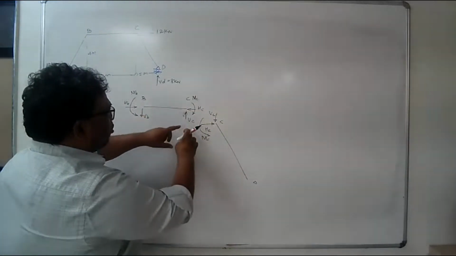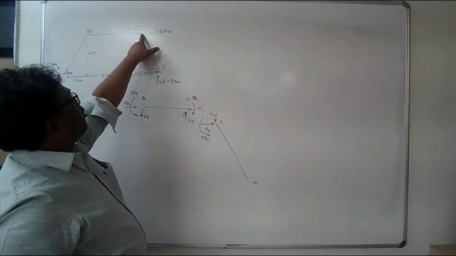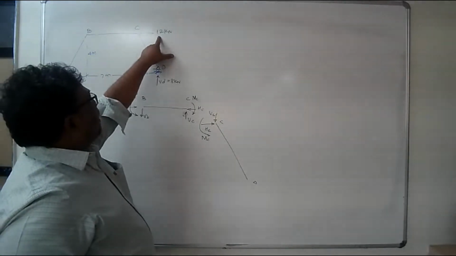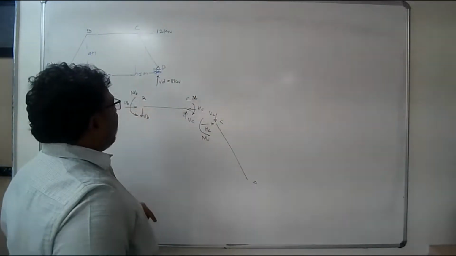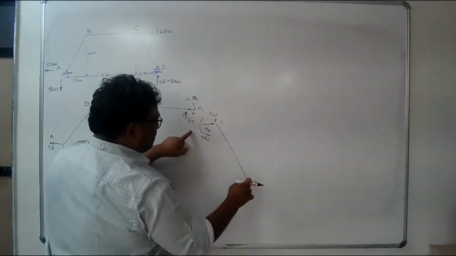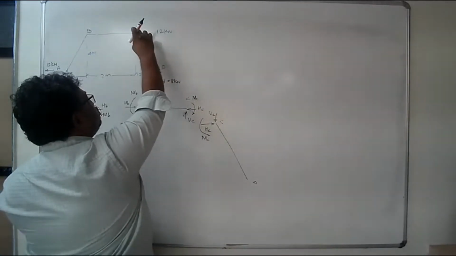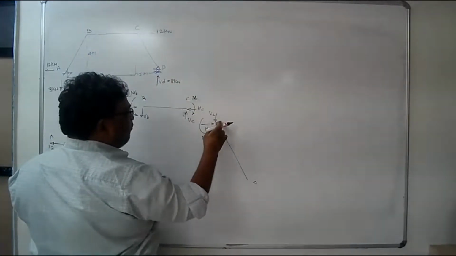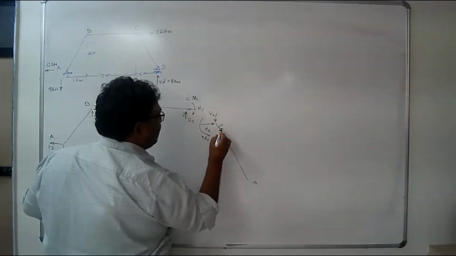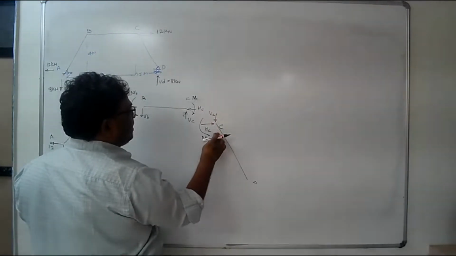When I join the two, these internal forces will balance each other, but there is an external force also acting at the joint. If this 12 kilonewton is acting at this joint, either we have to show it at the joint in member BC or in member CD. These internal forces will balance each other, and the net force at C will be zero.